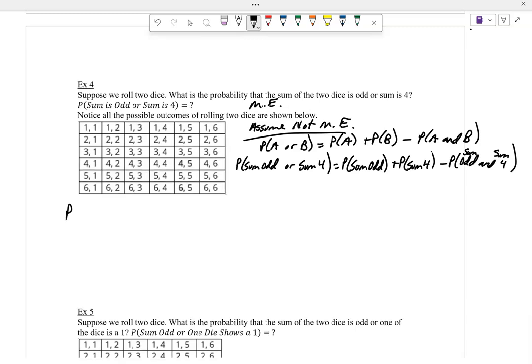Probability sum is odd or sum is 4. All right. Well, what's the probability that the sum is odd? Let's start circling those. 2 plus 1, 3, 1 plus 2, 3. There's some that are odd. Those add up to 5, 5, 5.